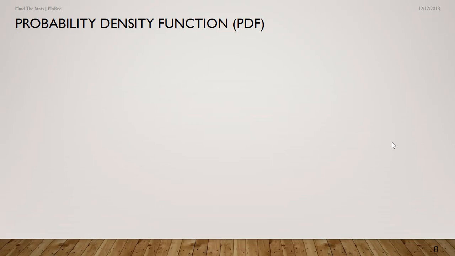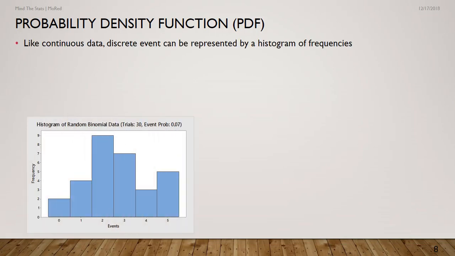You may have heard of density functions when you've studied histograms in the past. In histograms, we take a list of values and bin them and show the frequency of each bin value. Like continuous data, discrete events can also be represented by histograms of frequencies. You can see that in the histogram shown at the bottom of your screen, where the y-axis is the frequency and the x-axis is the different events or event values.